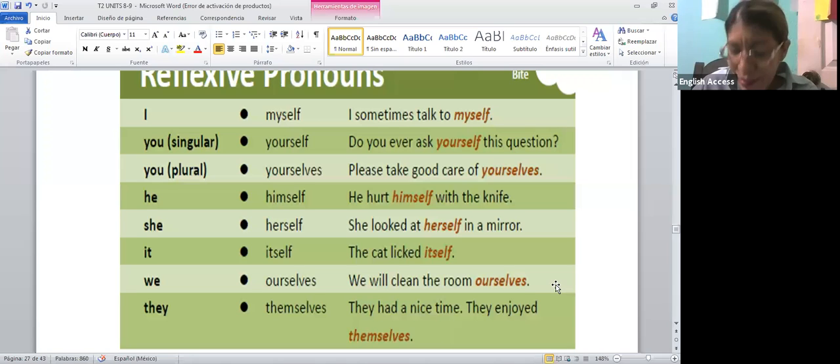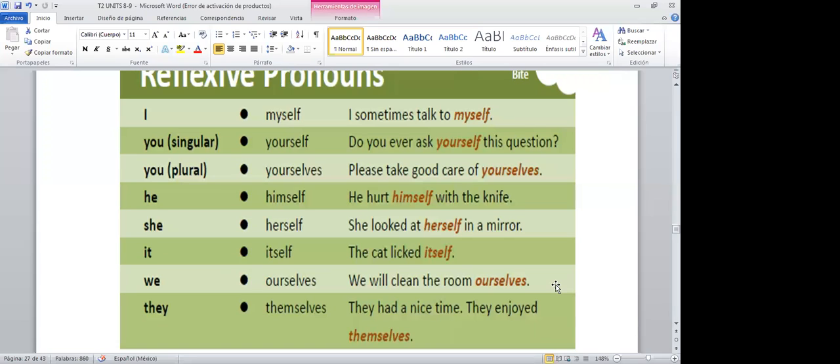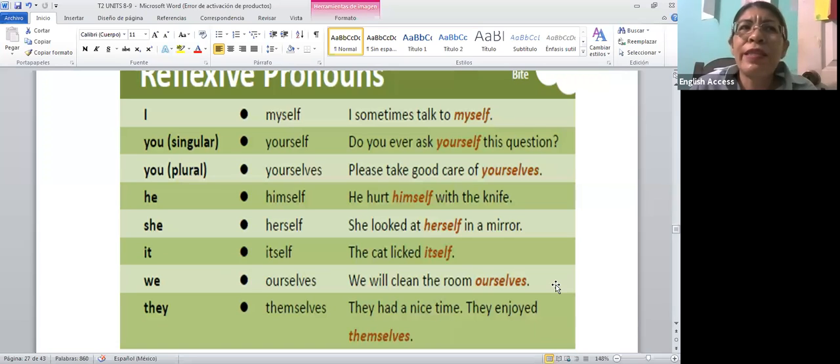Okay. For example, here it says, I sometimes talk to myself. When you say I sometimes talk to myself, it means that you're talking to your own self, okay? Maybe you have seen some people walking on the street, they are talking, but they are talking to themselves, okay?